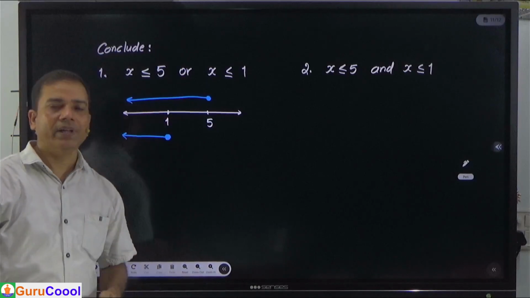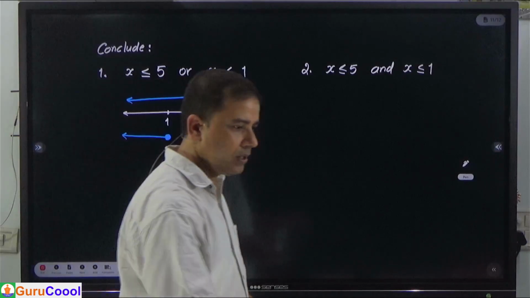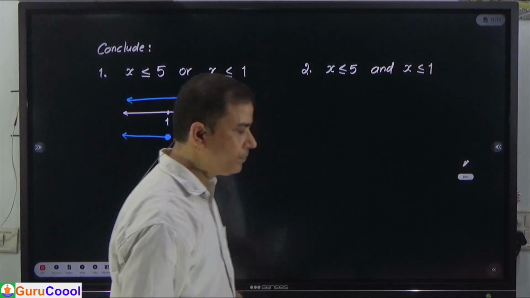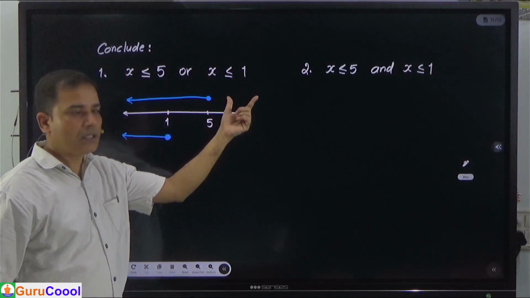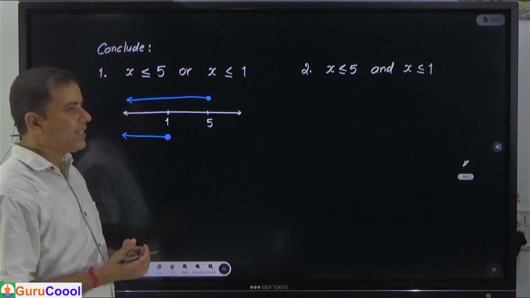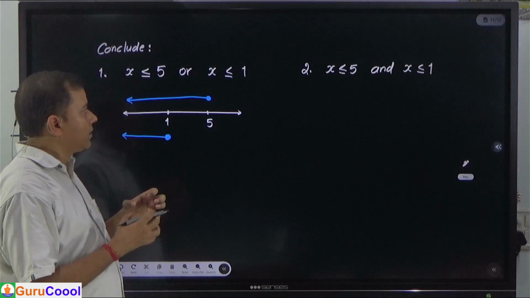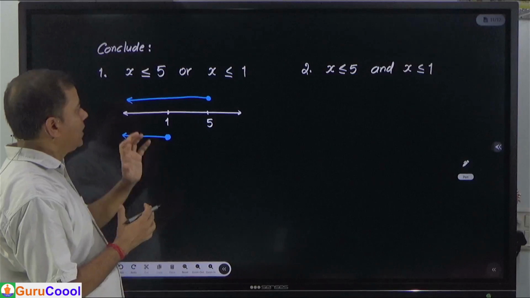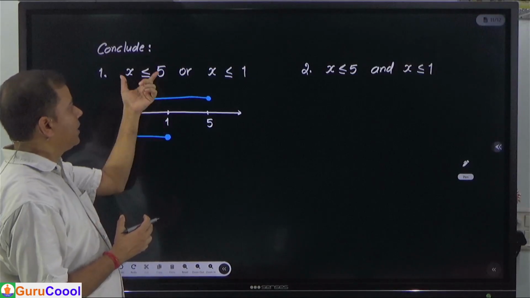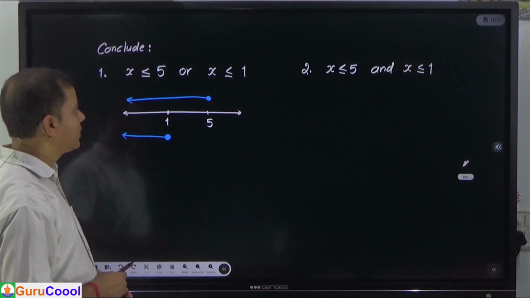Or means we have to consider everything, this as well as this. So what is the conclusion? What is the region which comes in this and this both? We have to consider all.